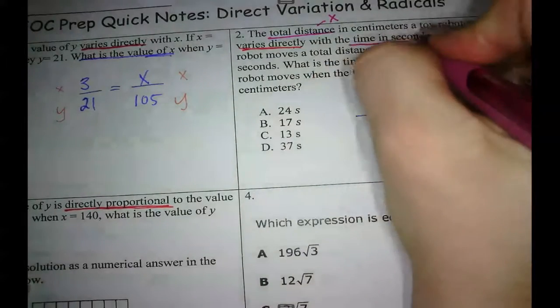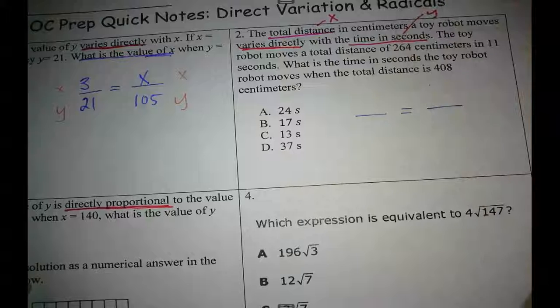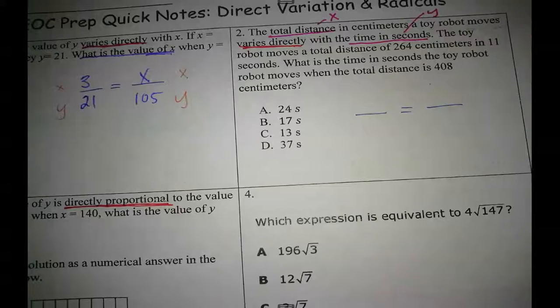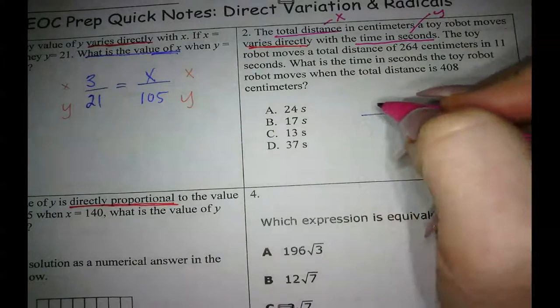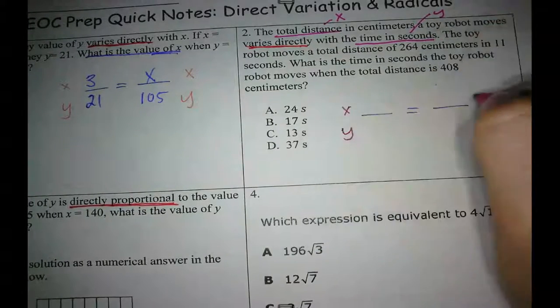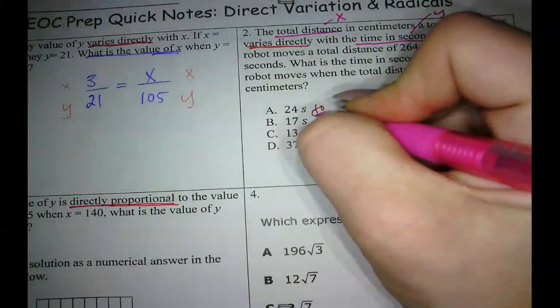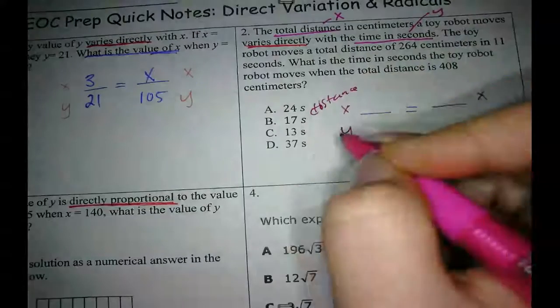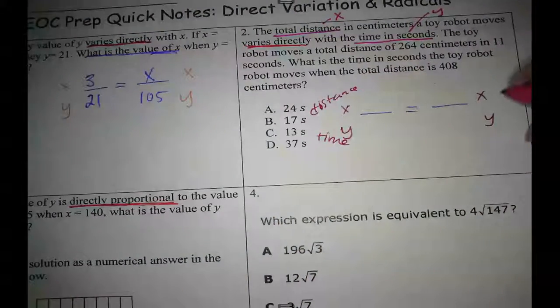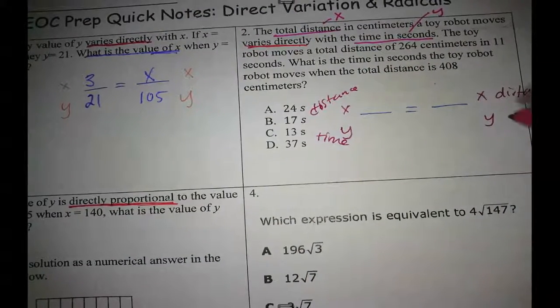And then our second is time, so let's make that our y. So then we're going to put x over y. Remember, this is distance, and this is time.